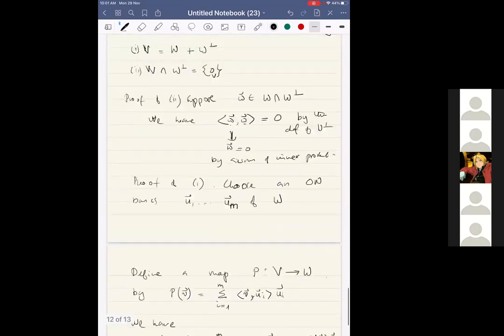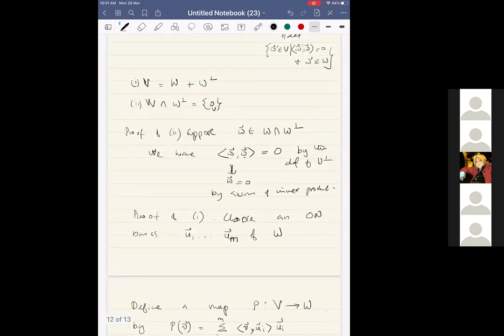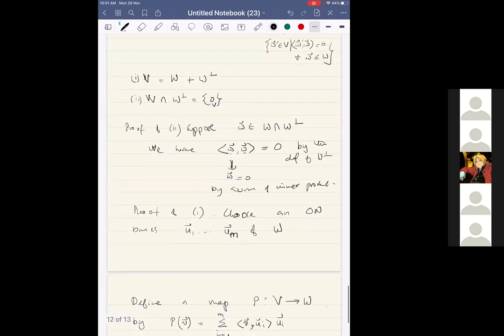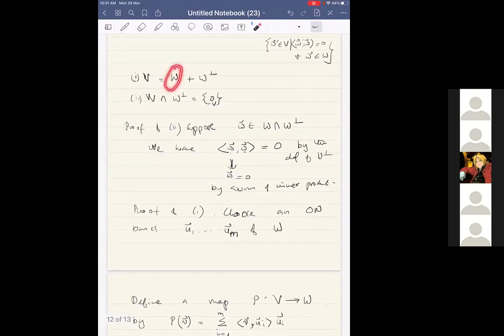So we have taken V, we have taken W, and we have taken W perp, and to prove that V is the direct sum of W and W perp, we prove the 2 parts separately.